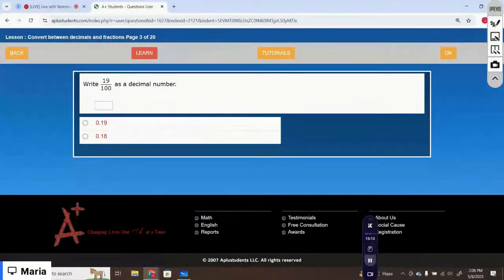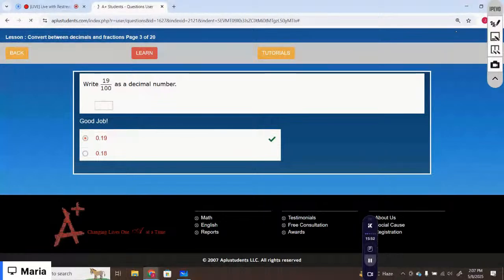Right, 19 over 100 as a decimal, so which is the correct option? That is 0.19. Option number one is the correct option because the number right below the 100 has two zeros, so the number must have two decimal places.